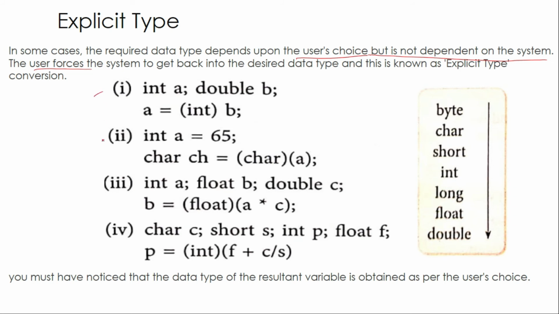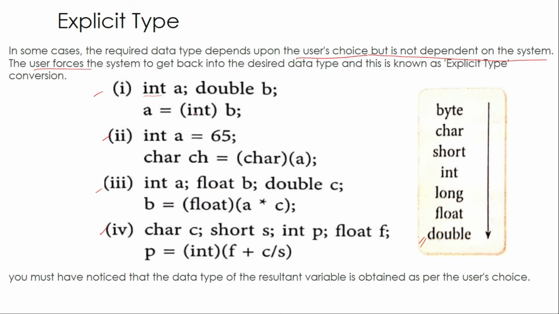Now see, four examples are here. In the first example, integer a, double b, we have to convert the variable b as per variable a, which has data type integer. But in the hierarchy you can see the double data type is the highest priority. So to convert double to integer, or you can say to go back, we have to do it forcefully.